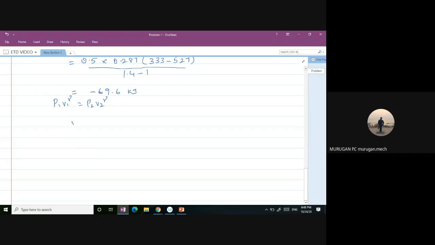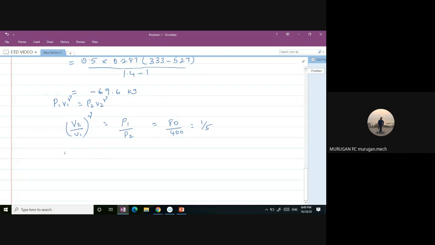V2 by V1 power gamma is equal to P1 by P2, that is 80 divided by 400, that is 1 by 5.